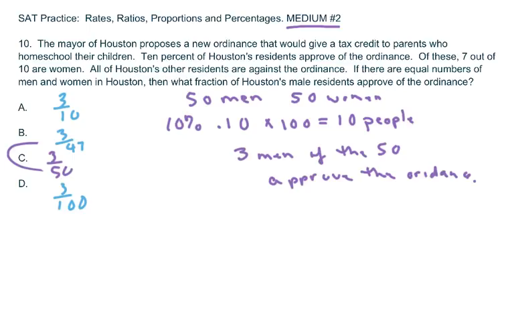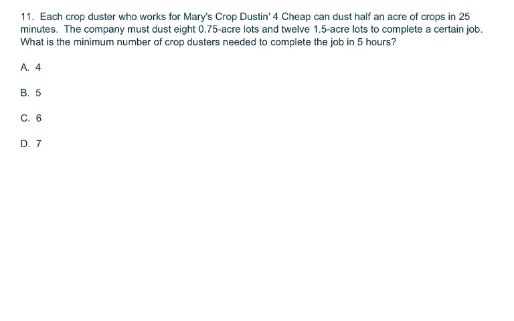Okay, the next question. Alright, so go ahead and read the question, pause the video, and try to answer it. This is number 11. Questions that involve rates, especially rates related to time, often require logical thinking rather than the use of algebraic equations.